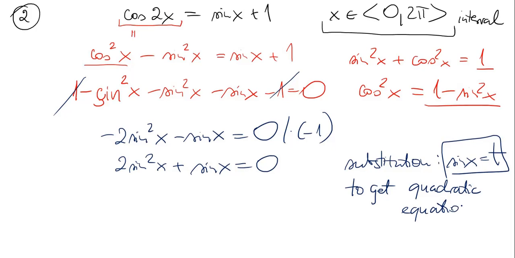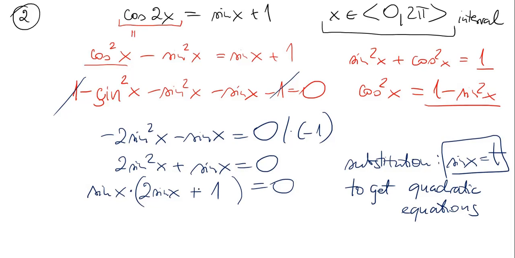So we could use the substitution, and if you had another number here, like 2 sine squared x plus sine x plus 2, then you would need to use the substitution to get a quadratic equation. So you would use sine x as t, and t of course is between negative 1 and positive 1, and then you would get a simple quadratic equation.